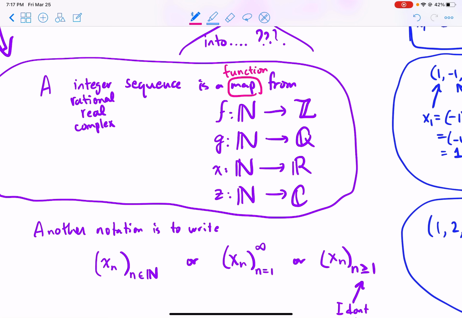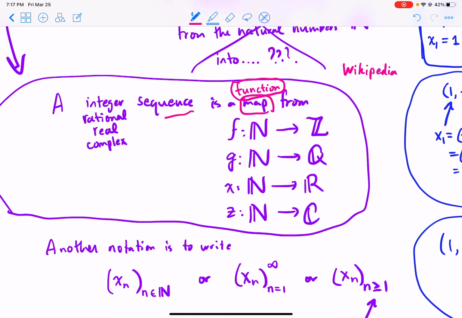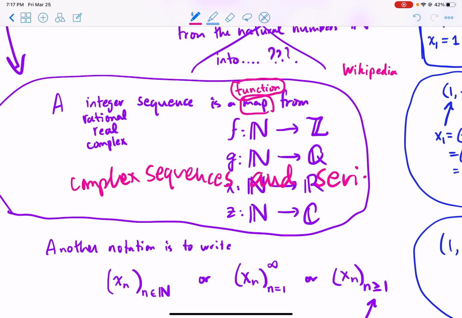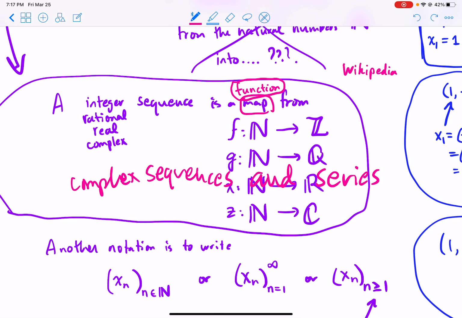If you've never heard of the word function or the word map, go to Wikipedia and type function mathematics or map mathematics, and you will get a very nice explanation. And you should know, because that is what a sequence is, and this course is called Complex Sequences and Series. And a series will actually turn out to be a sequence, in a certain sense.